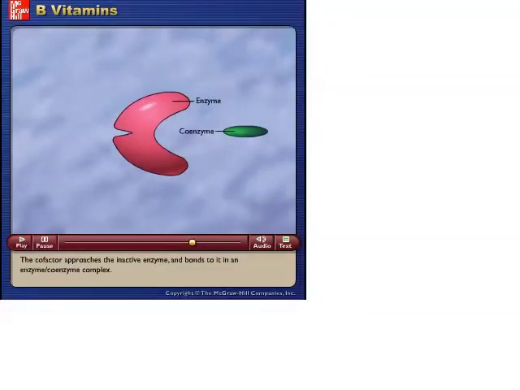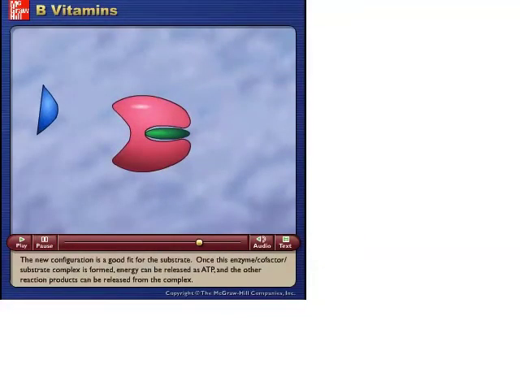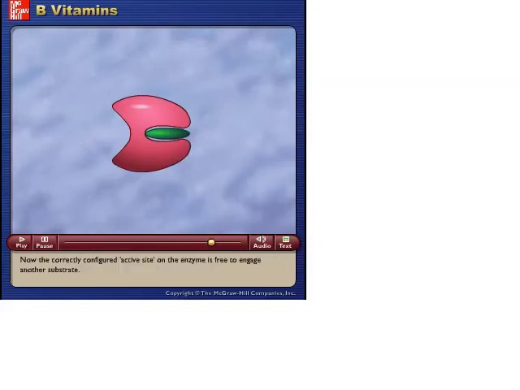The cofactor approaches the inactive enzyme and bonds to it in an enzyme-coenzyme complex. The new configuration is a good fit for the substrate. Once this enzyme cofactor substrate complex is formed, energy can be released as ATP, and the other reaction products can be released from the complex. Now the correctly configured active site on the enzyme is free to engage another substrate.